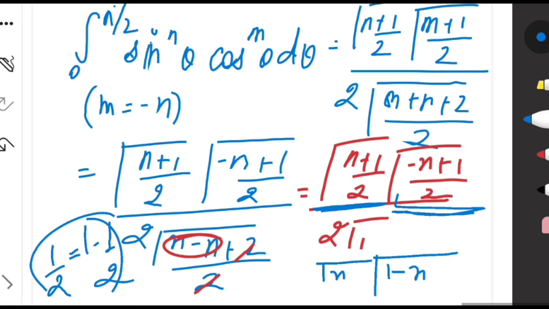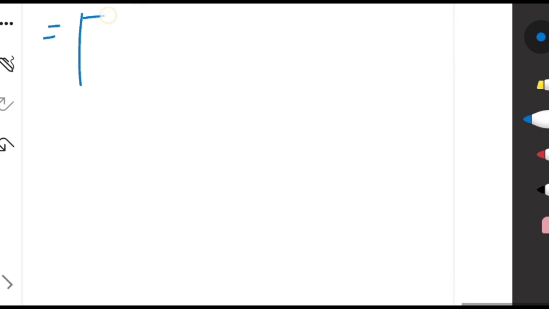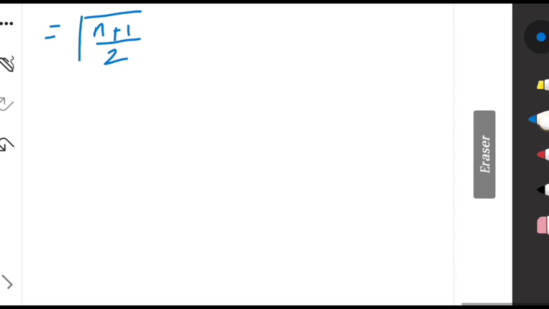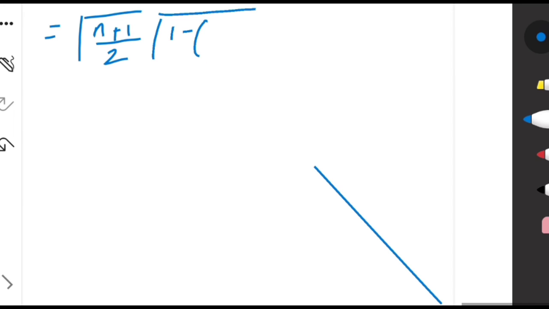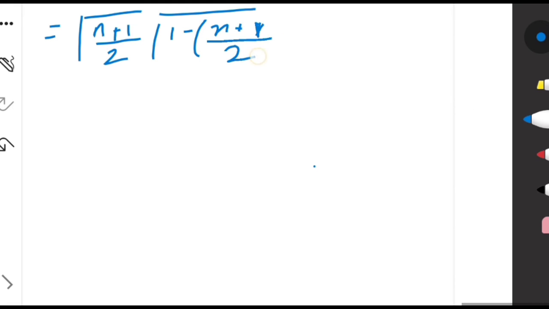So in the next step, this is equal to gamma of (n plus 1) by 2, and I have written half as 1 minus half, and I have taken the negative common, so this will be (n plus 1) by 2, and here it will be 2 because gamma 1 is equal to 1.